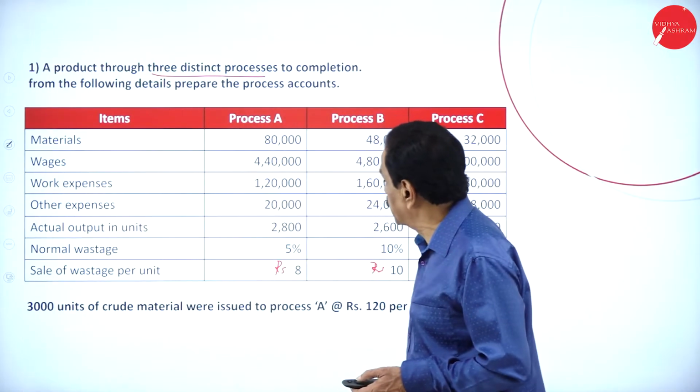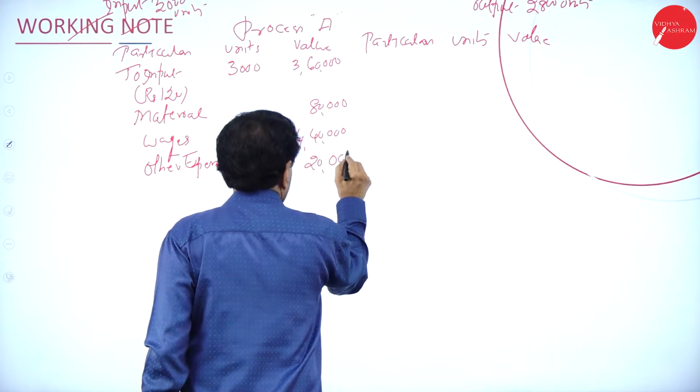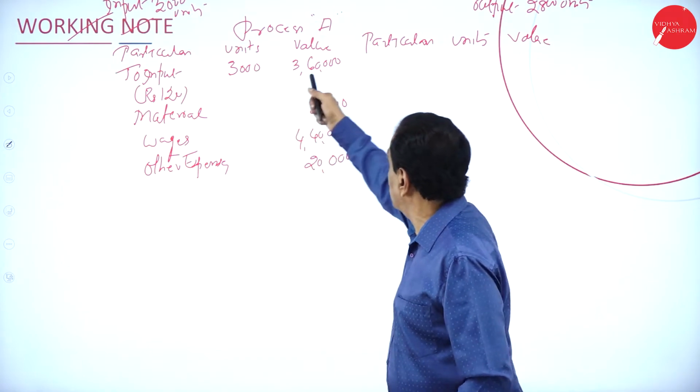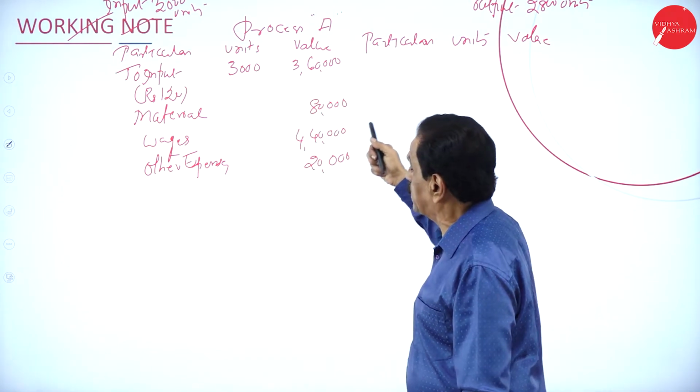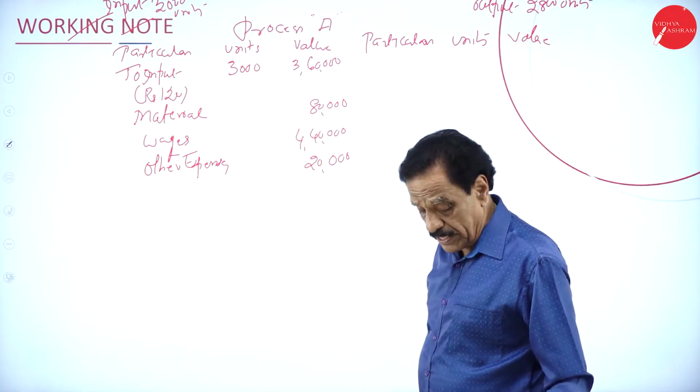Other expenses, 20,000. So, how many units have been introduced? 3,000 units, 3,60,000, material cost 80,000, wages 4,40,000, other expenses 20,000.